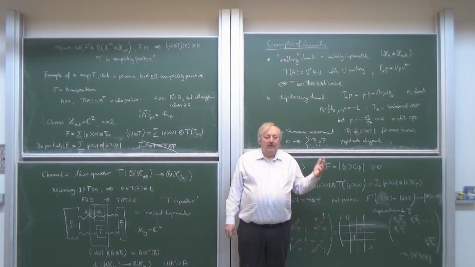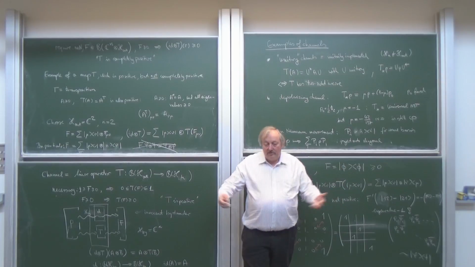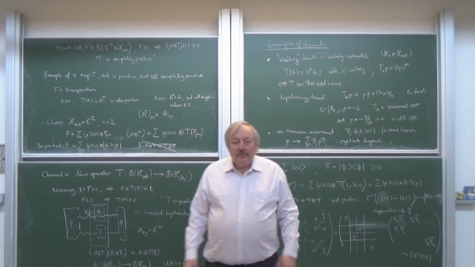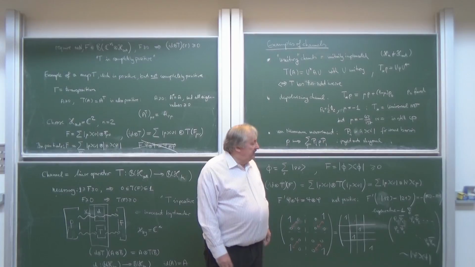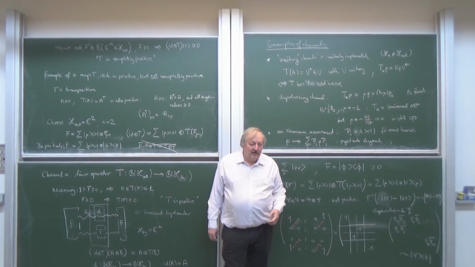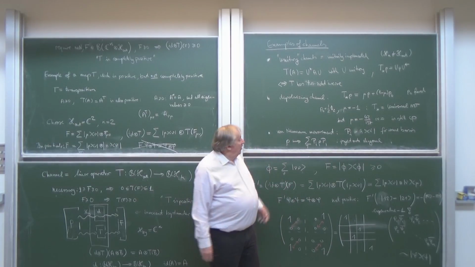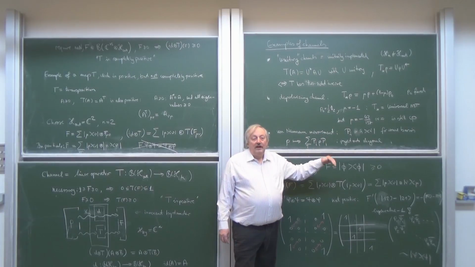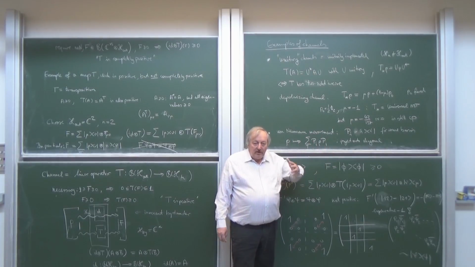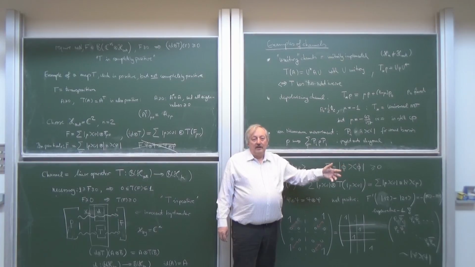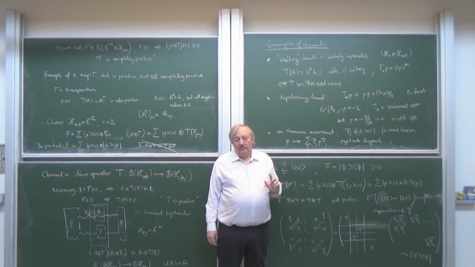You don't care what the system does afterwards. It's no longer available, so you can't make any measurements on it anymore, so aus den Augen, aus dem Sinn. I don't know how to say that in English. So that's gone. But in some cases, you do want to describe the state after the measurement. This is one example of how to do that.